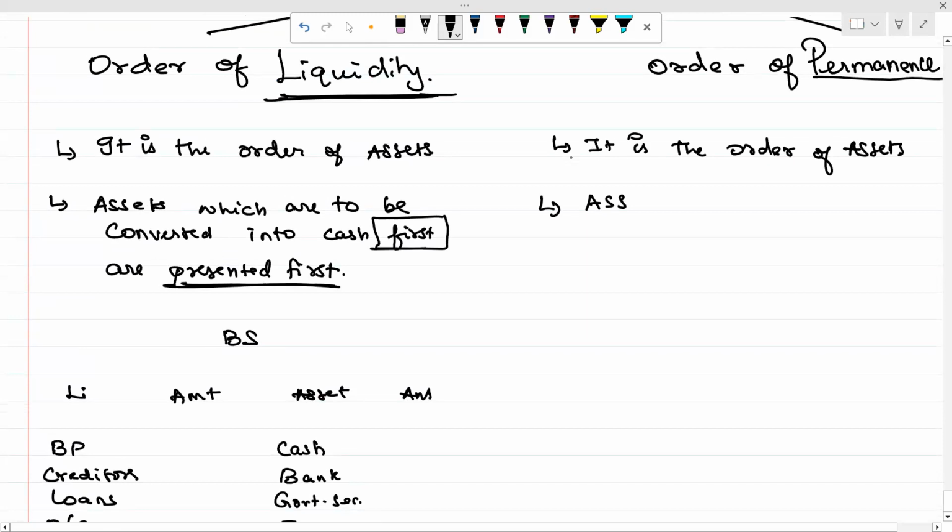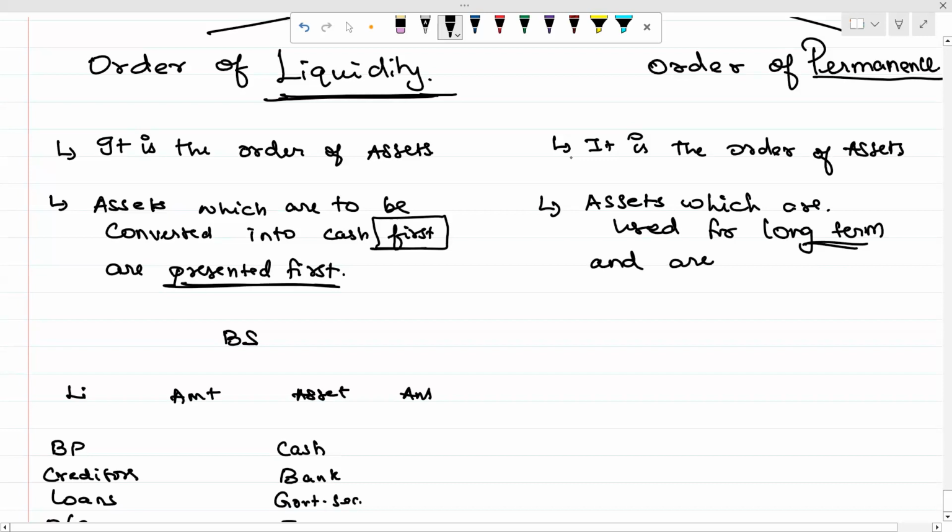In permanence, assets which are used for the long term, with the intention to use them long term and not sell them, are presented first.